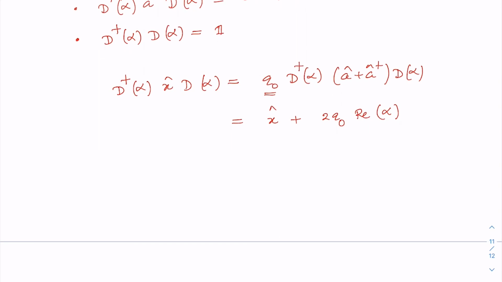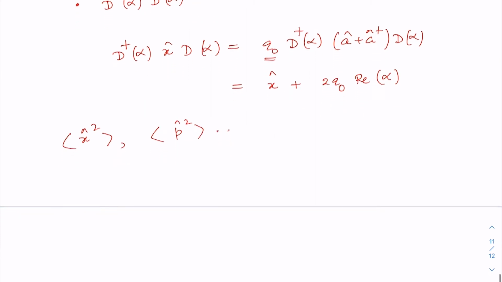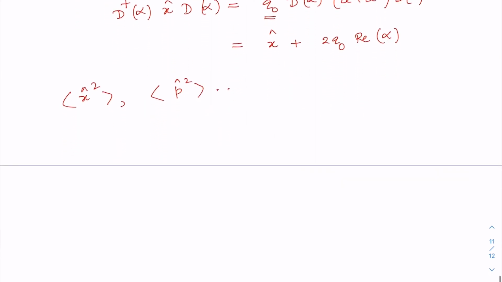Similarly you can work out the expression for, say, x square as well as p square, the expectation values of x square, p square, and so on, and very quickly you can work out the expectation value. For example, let me just quickly show you this one.